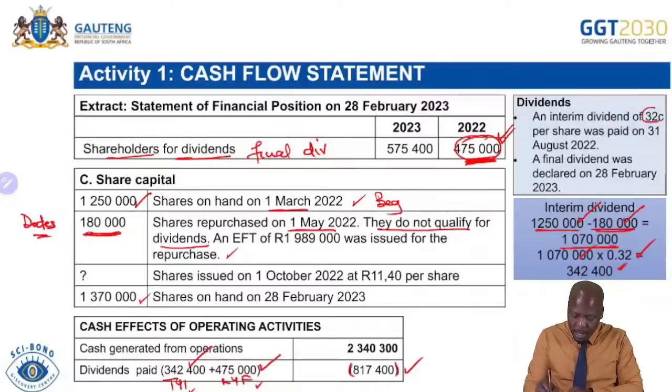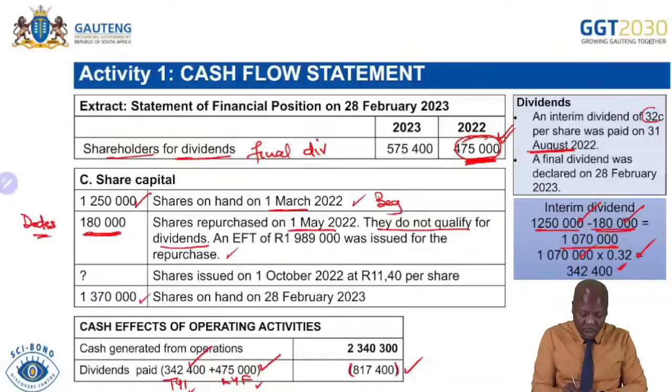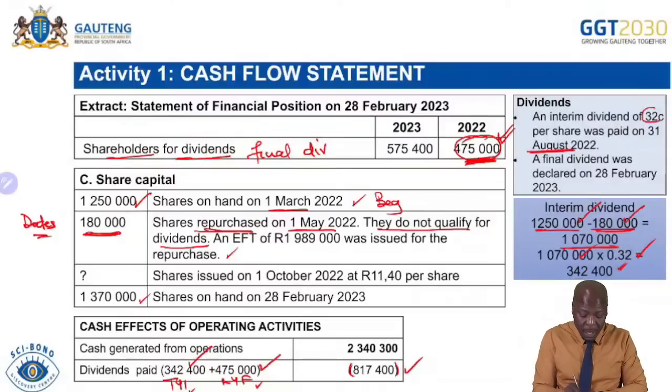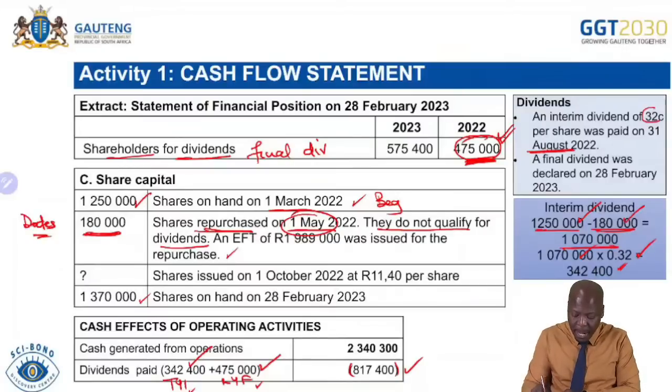And you see that the interim dividend is given in August. So the interim dividend is only given after these shares have been repurchased. These shares are being repurchased on the 1st of May, yet the interim dividend is being paid on the 31st of August.